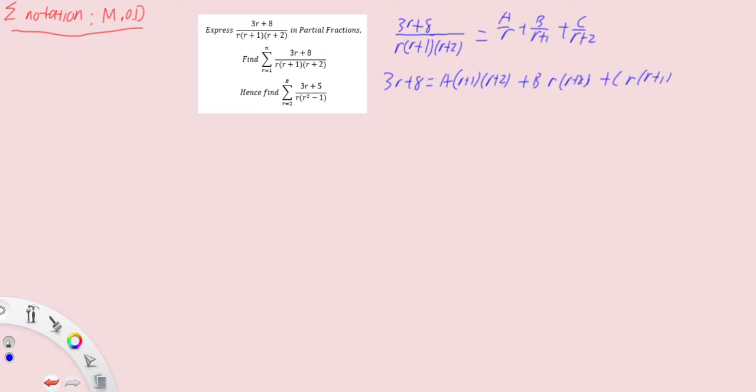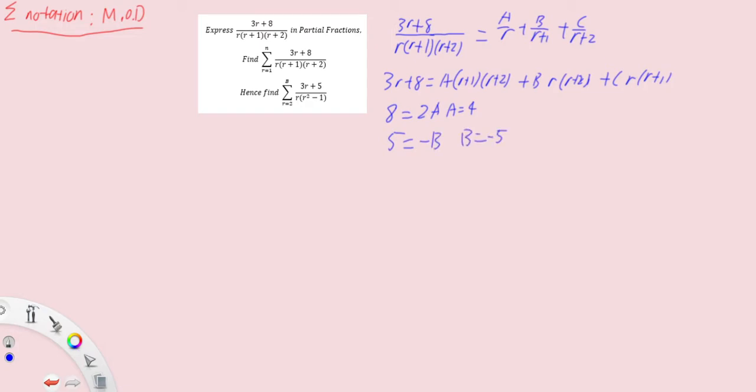Now to solve for A, put r equals 0. So you get 8 equals 2A, A equals 4. Then solving for B, you put r equals minus 1. You get 5 equals minus 1 times B, so B equals minus 5.